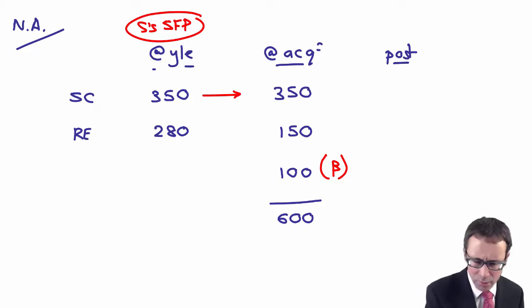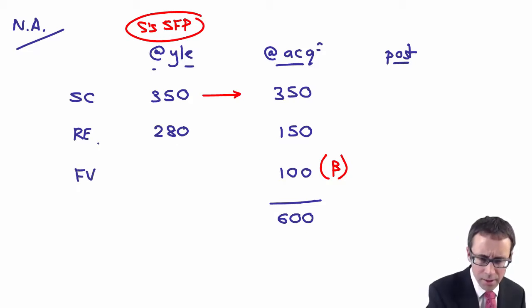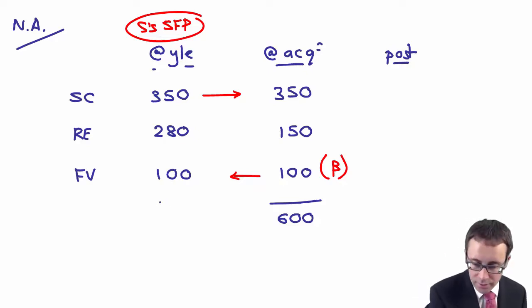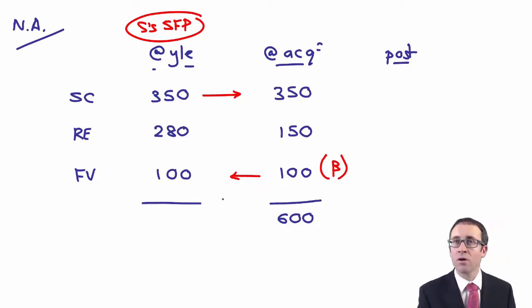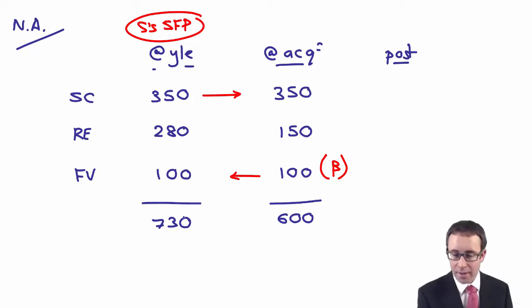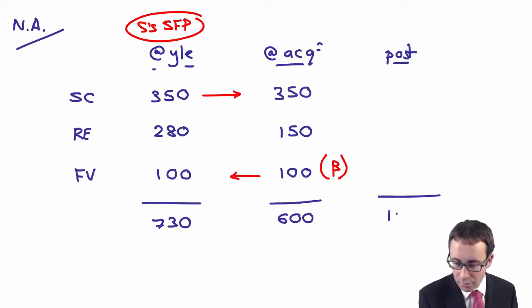That balancing figure is 100, and that is your fair value adjustment, isn't it? We're not told of it changing up or down, so that stays there as 100. And if you total up, 500, 630, 730, giving me their post-acquisition profits of 130.